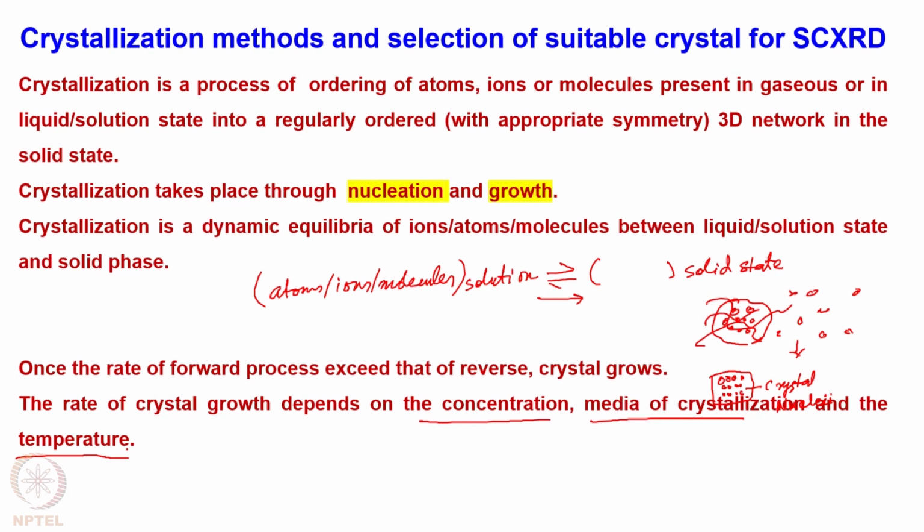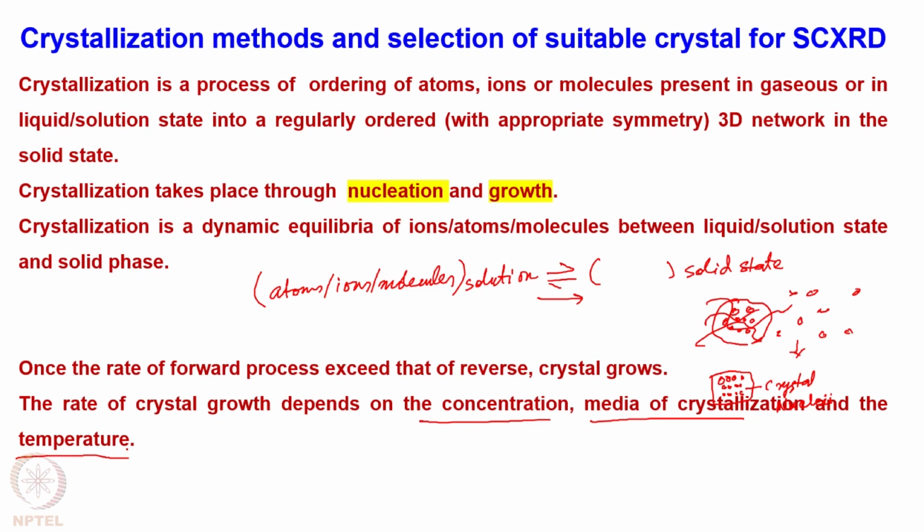Depending on what kind of media we have, how these atoms, ions or groups of atoms or molecules interact with the media. Here we mean by media the solvents or solvent systems, which can form different types of intermolecular interactions with our target molecules or atoms or ions and control the crystallization process.